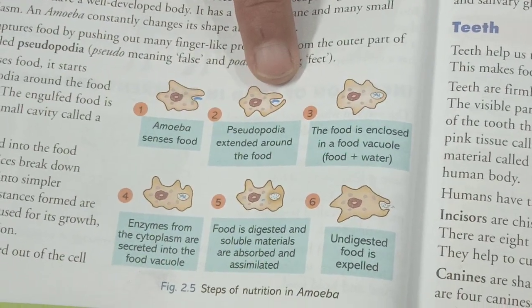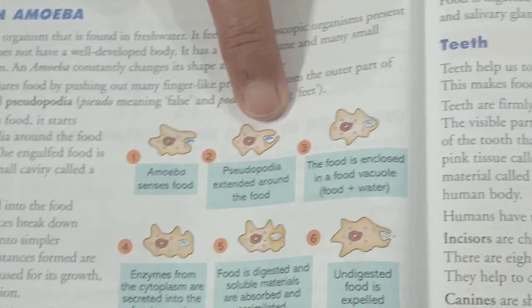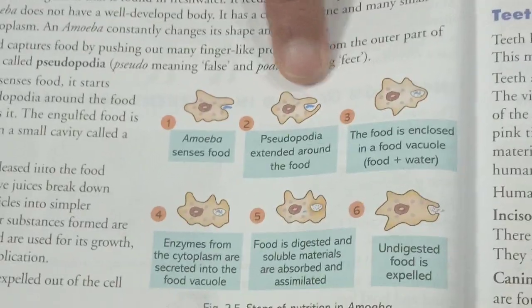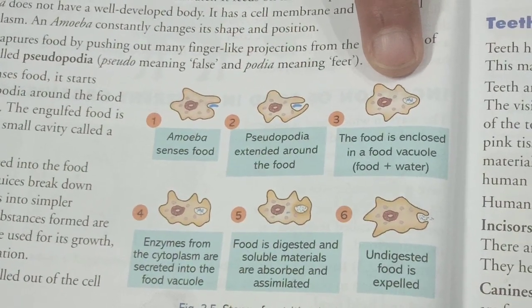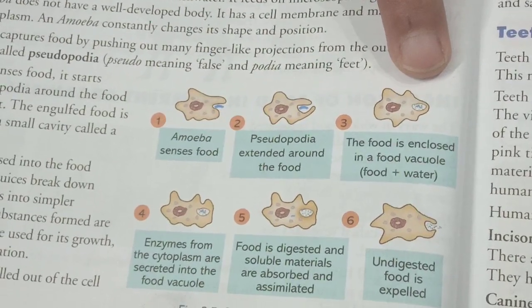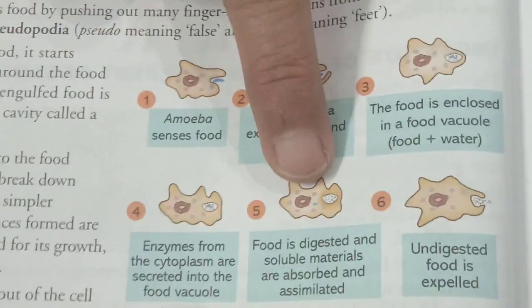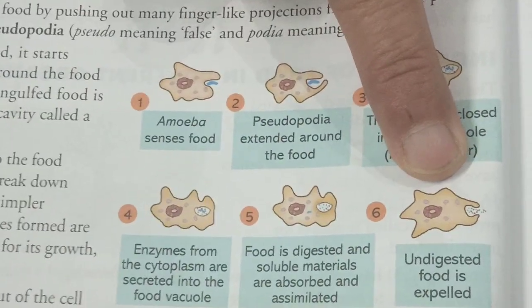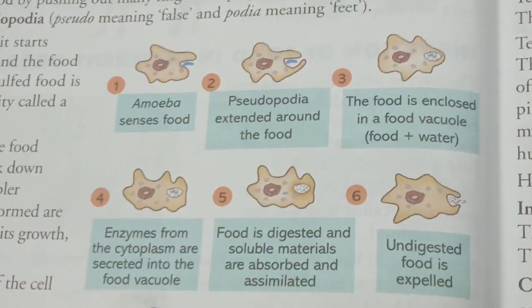In the second process, amoeba has engulfed the food particle with the help of pseudopodia. Whereas in this diagram, the food is enclosed in a food vacuole. And then the fourth step, then the fifth, and then undigested food is expelled out from the body.